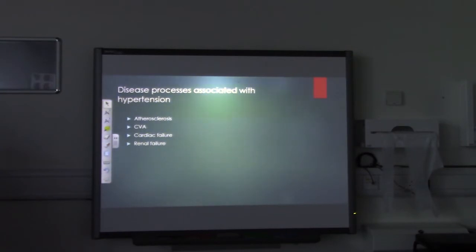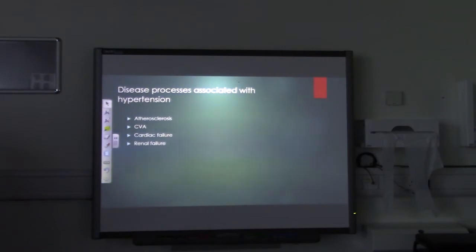CVA, or cerebral vascular accident, again is associated with hypertension, and there are two types of CVA we know about: infarction, whereby there's an occlusion of one of the cerebral arteries, or a hemorrhagic accident, whereby the increased pressure causes a bleed within the brain.